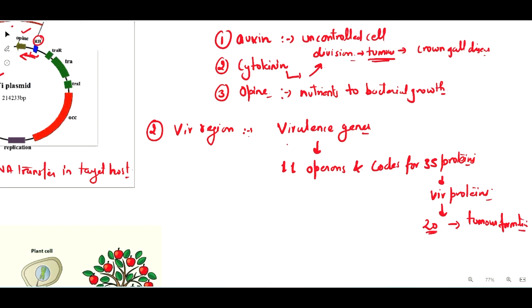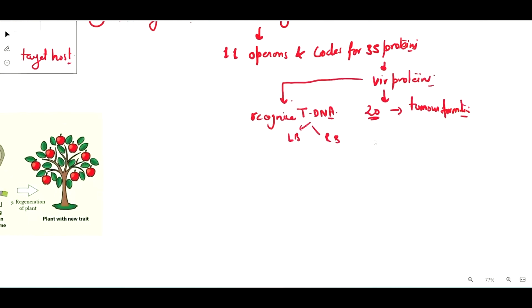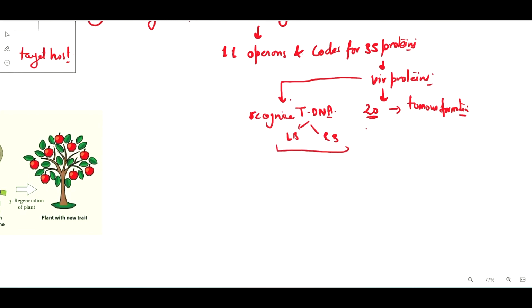These Vir proteins function to recognize the tDNA, specifically its left border and right border. They create cuts in the left border and right border and release the tDNA from the Ti plasmid.